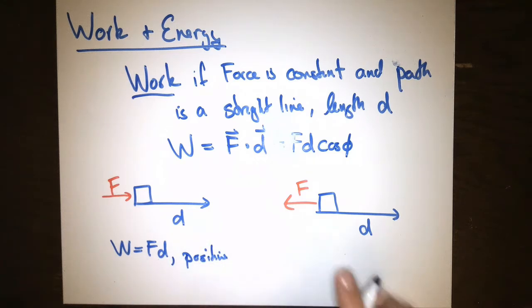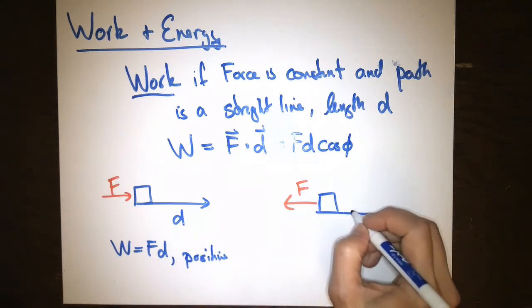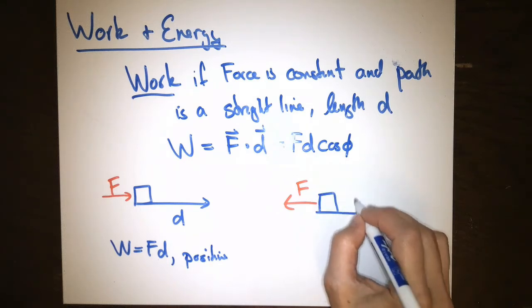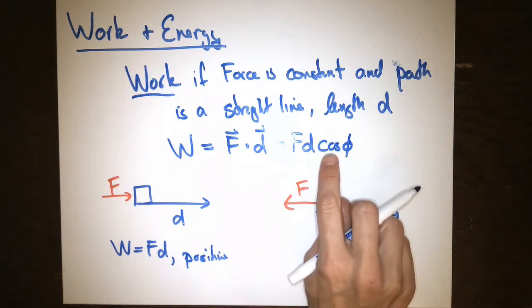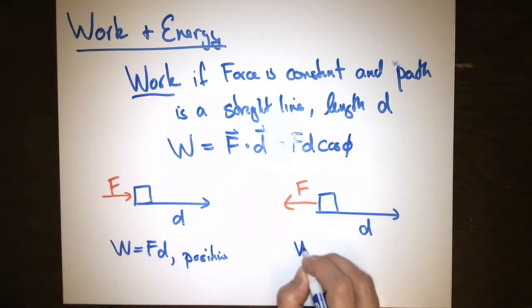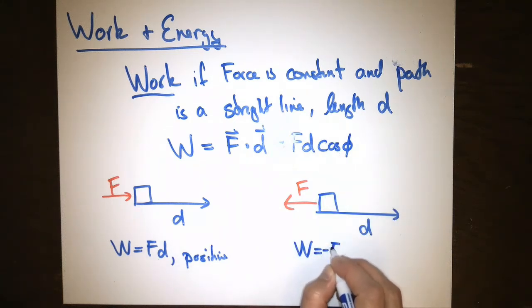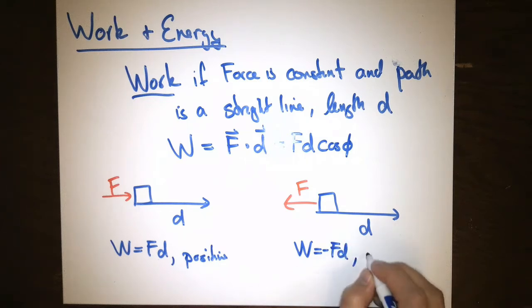Versus over here, there is 180 degrees between these two vectors, so the cosine of 180 degrees is -1. So in this case, the work is equal to negative force times displacement. And again, just to write it out, it's negative here.